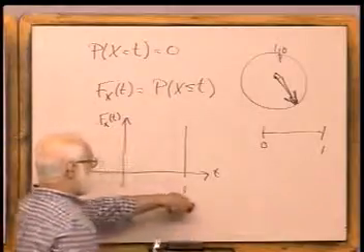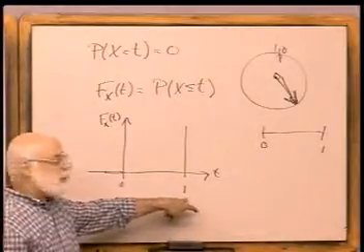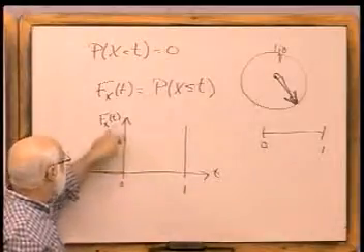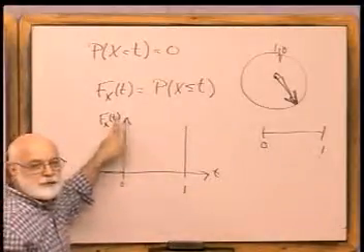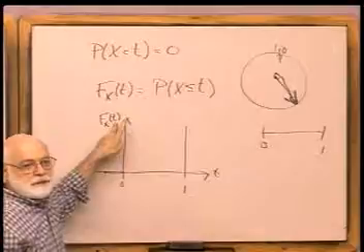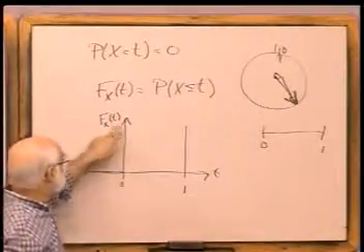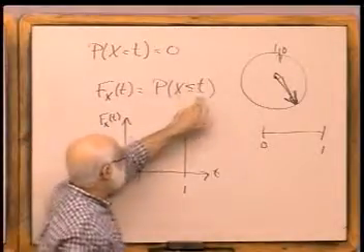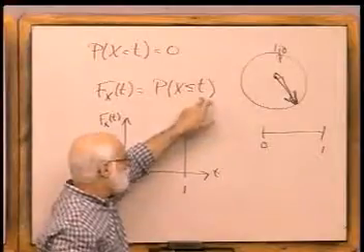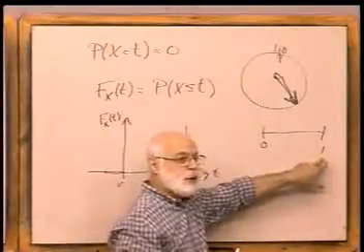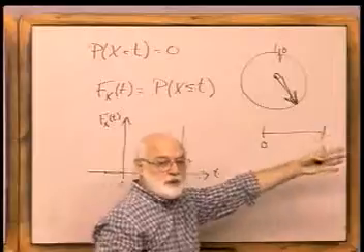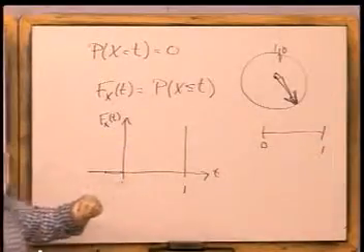Okay, how about t greater than 1? For example, what's the distribution function of x evaluated at 3.7? 1. Because remember, this represents the probability that x is less than or equal to that. So since the numbers all lie between 0 and 1, for any t that's greater than 1, I will always be less than that.